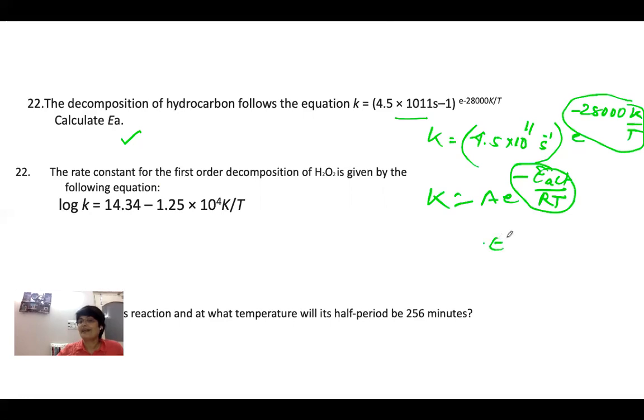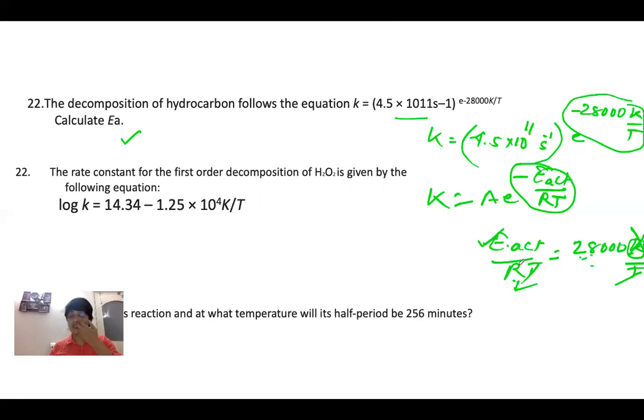E act upon RT is equal to 28000 K by T. T cancels, R is your gas constant, and K is just an indication of Kelvin, so you can ignore that. Put the gas constant R and you can find E activation. Just solve all the questions, otherwise if you leave the final calculation, you are going to miss marks.